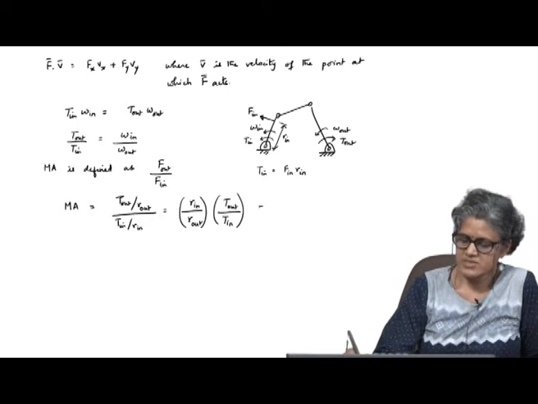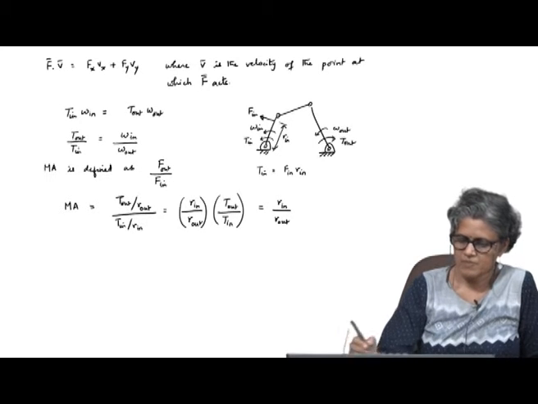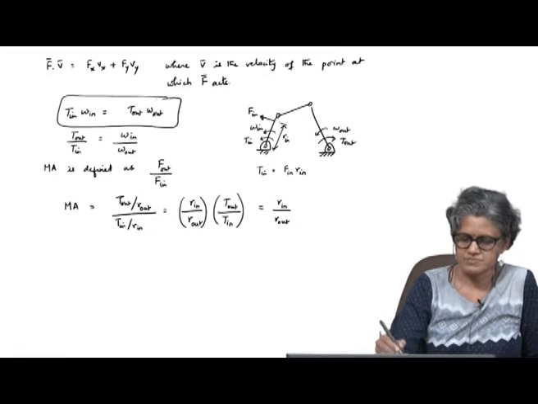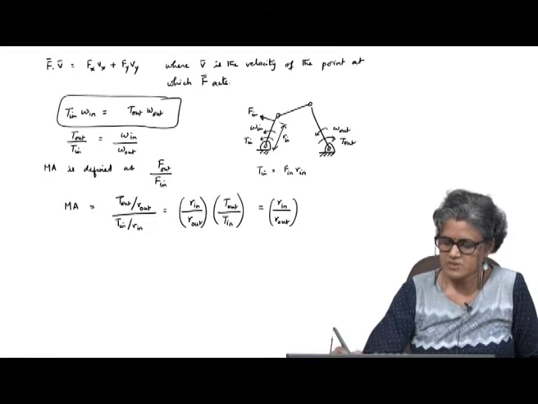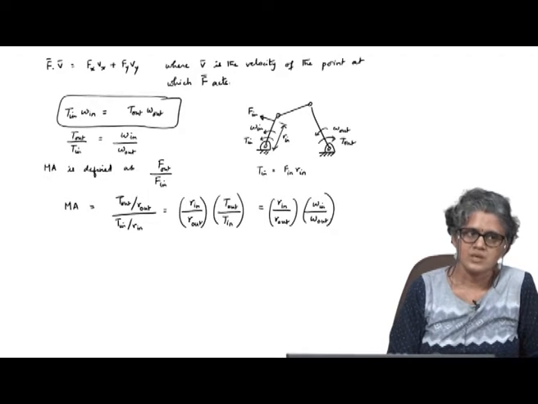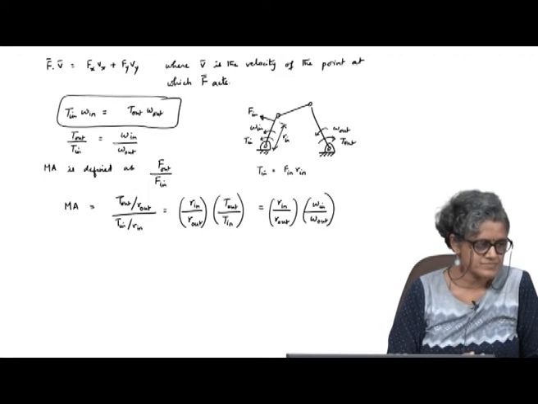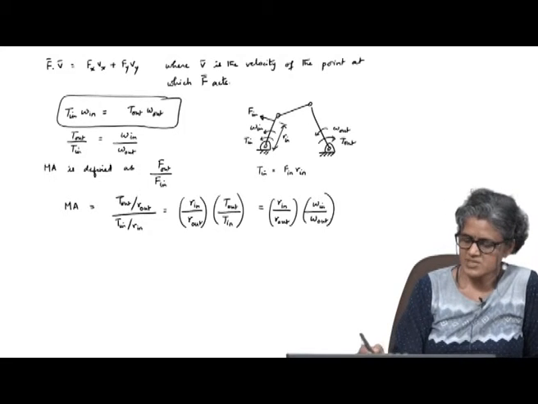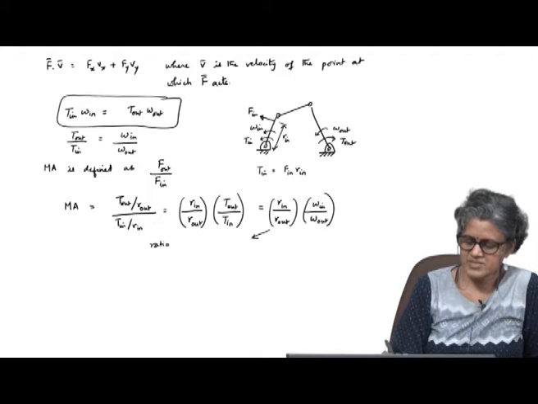And this is equal to, from this you have, this is equal to omega in by omega out. So, this is the ratio of distances at which the forces are applied.